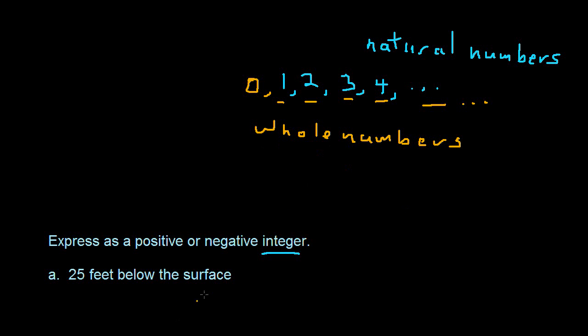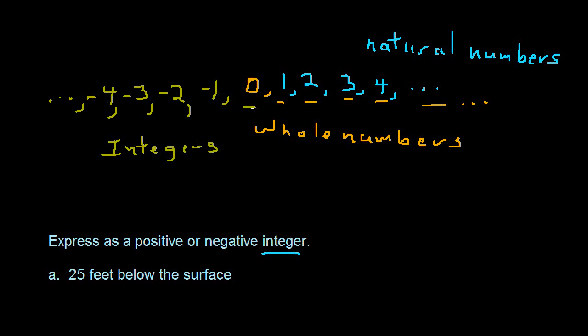Now if we take our natural numbers and take the opposite of them, for example -1, -2, -3, -4, and so on, all of these numbers put together, those negative numbers, also the 0, and the positive numbers, are called integers. So the integers are negative and positive numbers and 0.